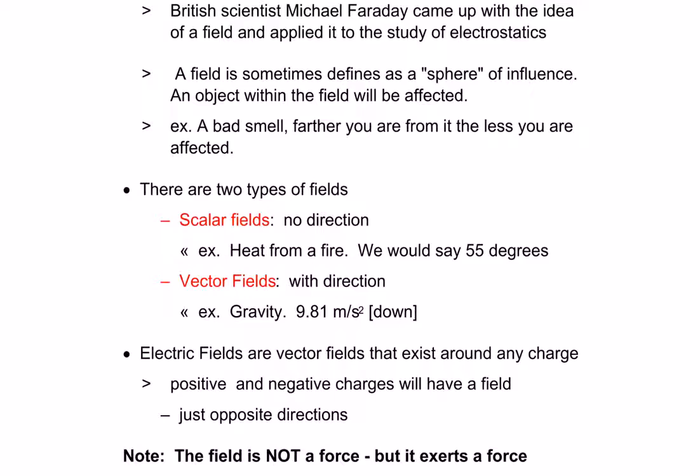So a British scientist named Michael Faraday, he's the one that came up with the idea of a field, and he applied it for a lot of electricity and electrostatics and things like that. The way he defined it was, he said, a field is like a sphere of influence. So he used the word sphere because I think it was sort of dealing with Earth.